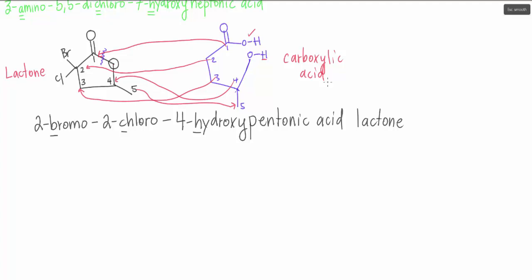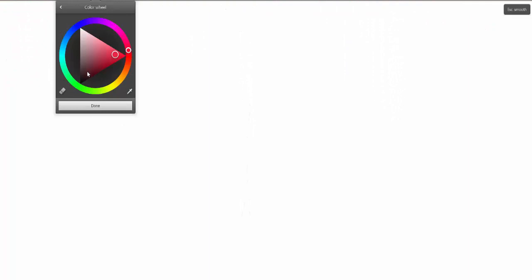Now, let's look at a case where we don't have additional carbons on the terminating or the end carbon in the cyclic lactone. Let's see how we would name that. And it's quite simple because it will be named as any other type of substituent.